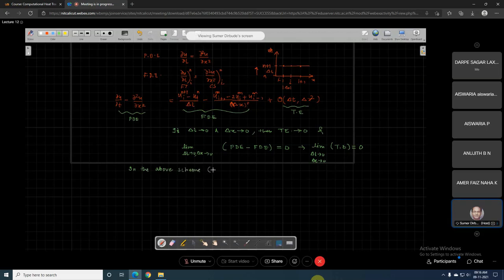That above scheme is forward in time and central in space. Delta t and delta x tend to 0 simultaneously.